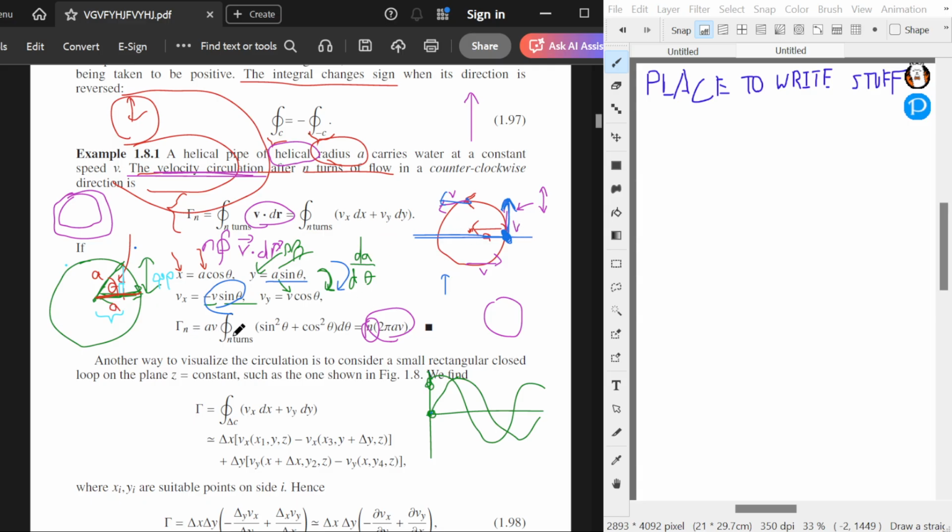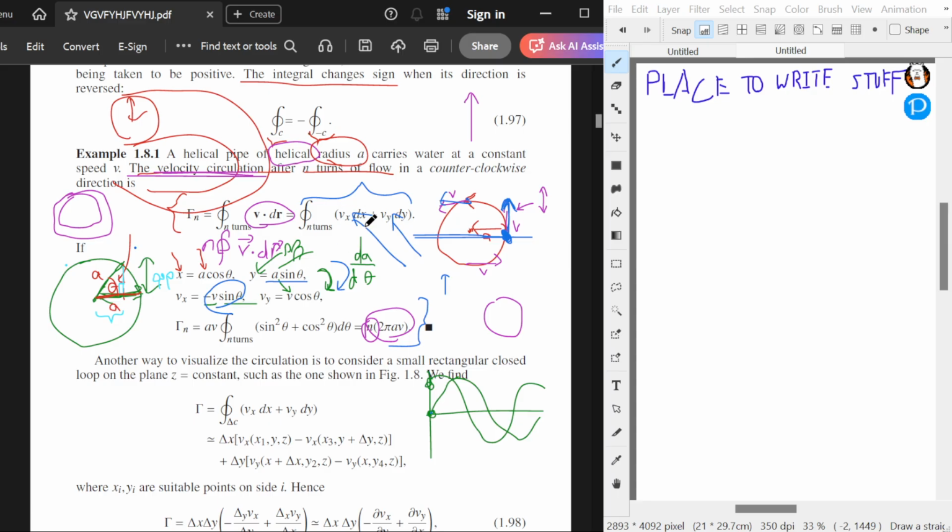Okay, let's just go back to this now. So circulation equals this. We found vx and minus v sine theta. This is minus v sine theta, v cos theta dx.